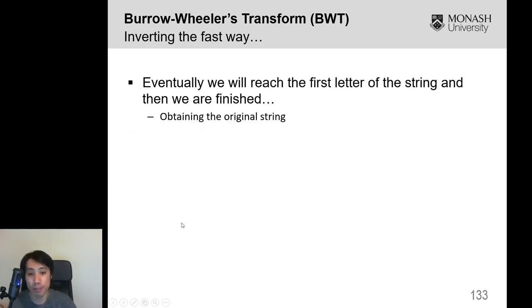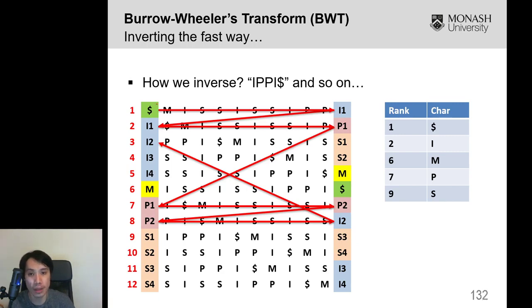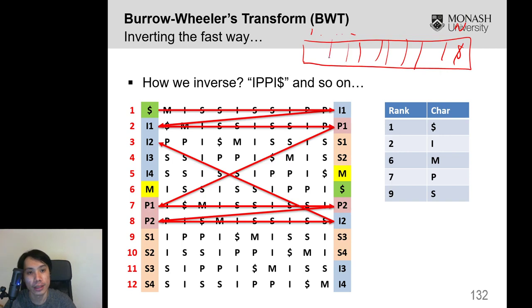As I perform the mapping, you realize I'm just going through my traversal, and each operation, I will add one alphabet. The way I add my alphabet is very simple. I'm going to initialize an array from 1 all the way to n. Then I will put terminal, then I will put I, P, P, I until I reach the first alphabet.